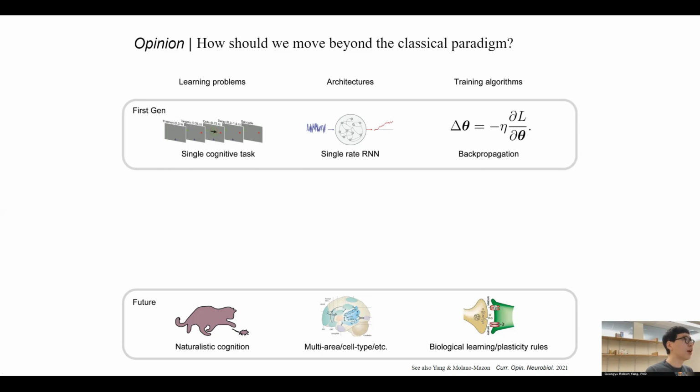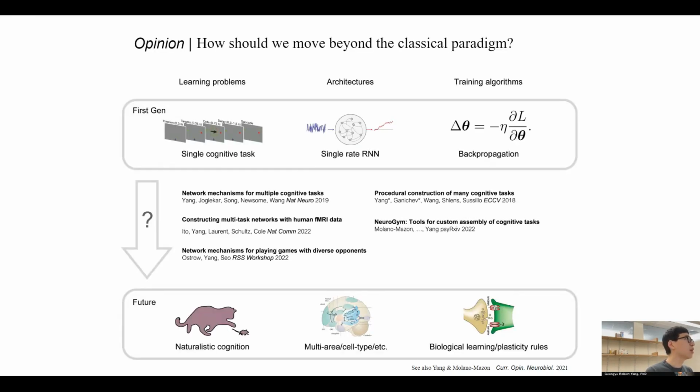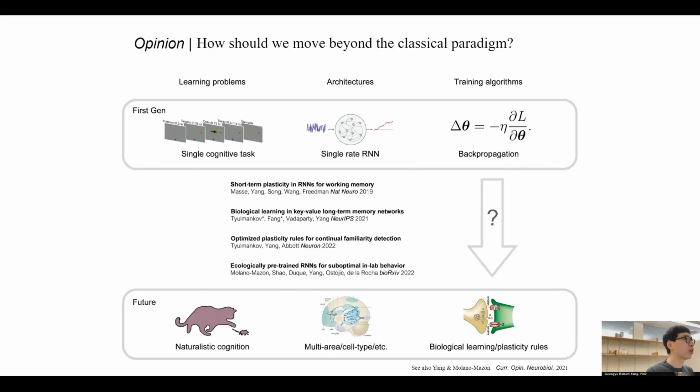Over the years, I have been fortunate to participate in some works that touch upon all of these different problems. I won't go into them today, but you're welcome to check some of these papers out.